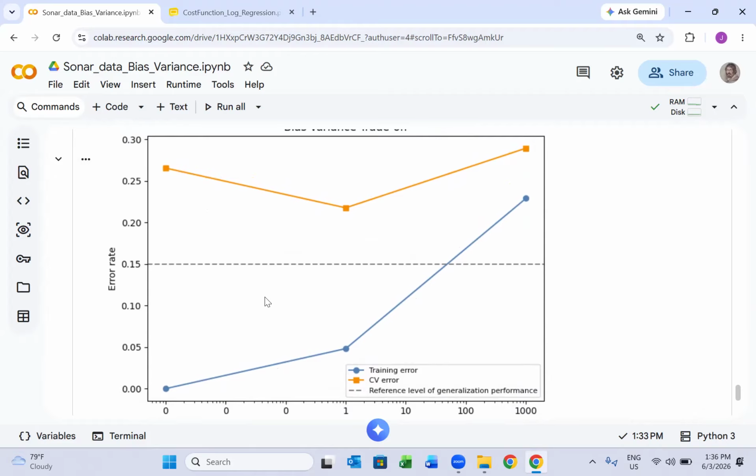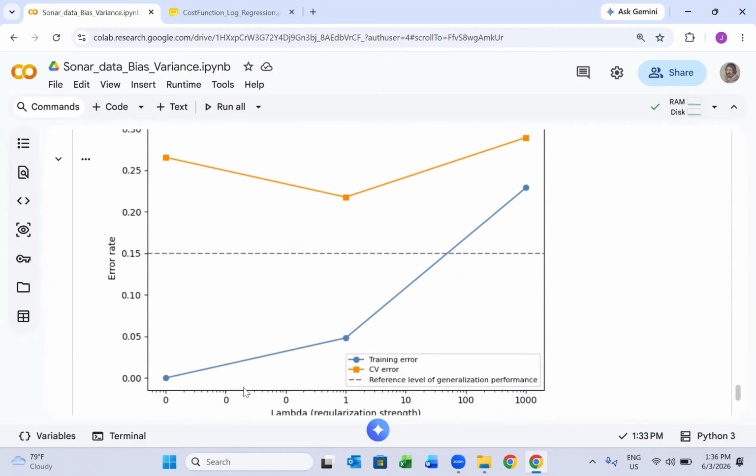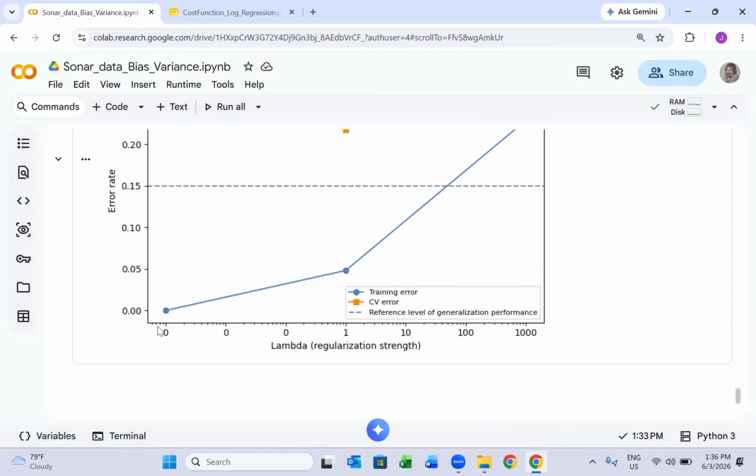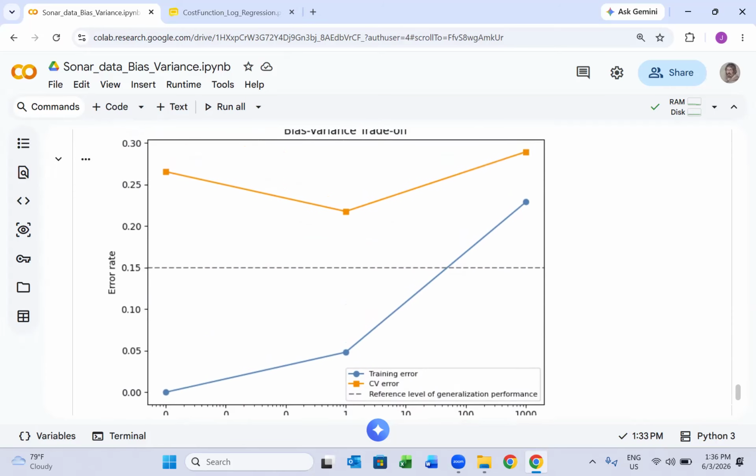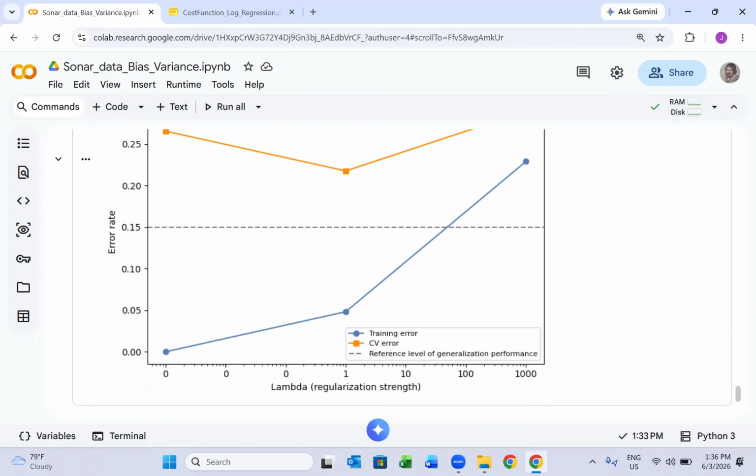All right, let's try to understand this plot and how it maps to high bias and variance situations. So let's start by noticing that on the x-axis we have the lambda values. In our problem we only used three lambdas, right? 1,000, 1, and 0.01.